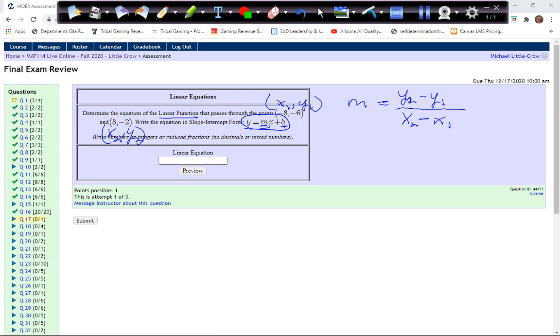So y2 is negative 2. Let's go up here. Negative 2 minus y1, which is negative 6. And then in the denominator, since we started with the negative 2, we go with the positive 8, subtract x1, negative 8.